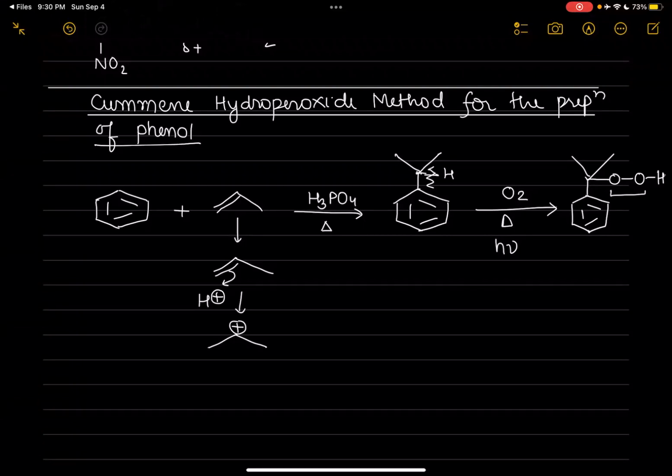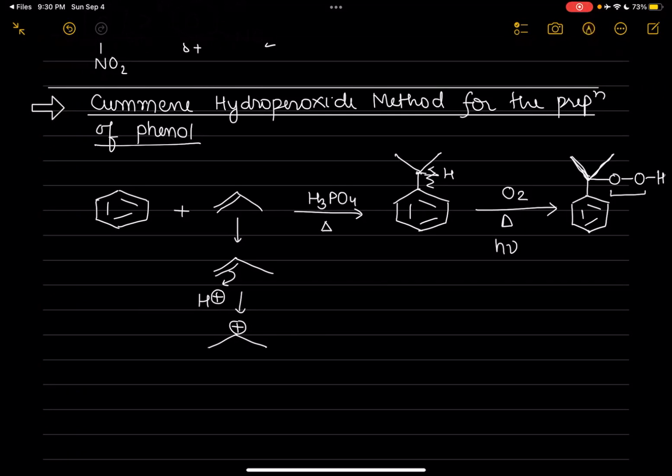Yeah, protonated water we will use after this. Yes, so this group is isopropyl benzene. Okay, the isopropyl is there and the benzene is there and hydrogen on the one side. So Darshan, it is cumene hydroperoxide. Okay, this molecule is known as cumene hydroperoxide, and the name of the reaction is because of this only, cumene hydroperoxide.